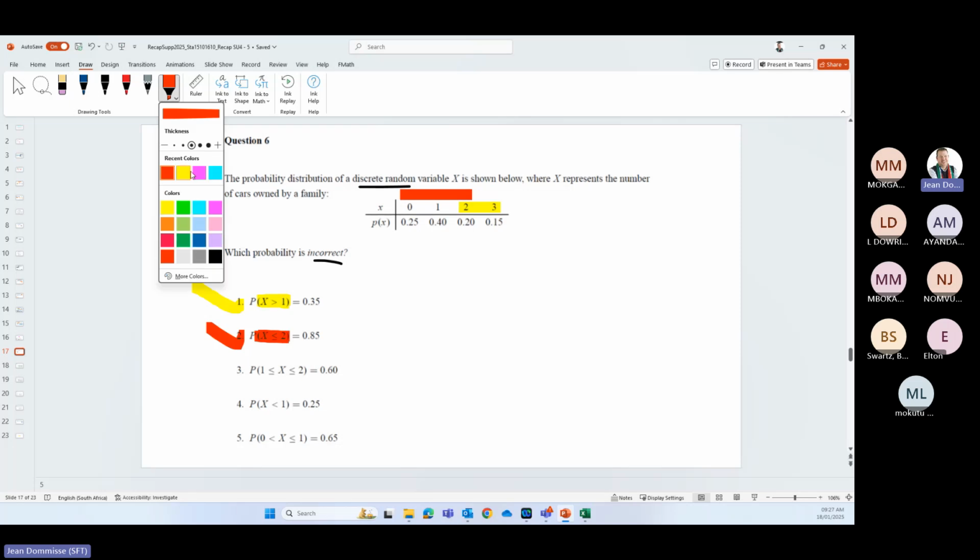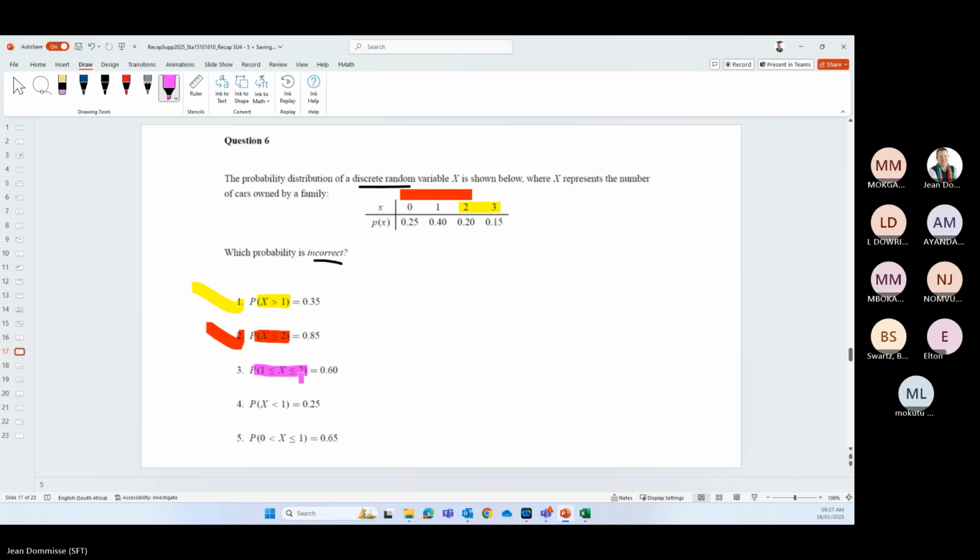Okay, then let's look at including 2 and including 1. And so it's basically looking at 0.4 and 0.2 because it's 1 and 2. So it is 0.6. How this could have been written as well is probability x smaller than 3, bigger than 0.